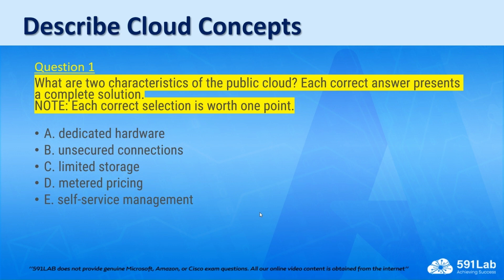When we say pay as you go, it means that you only pay for the resources for the time you're using them. If you are not using those resources, you don't make payment for them.